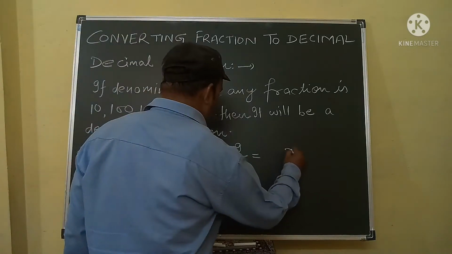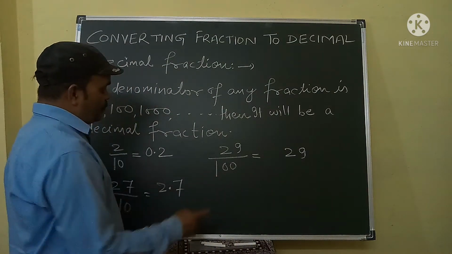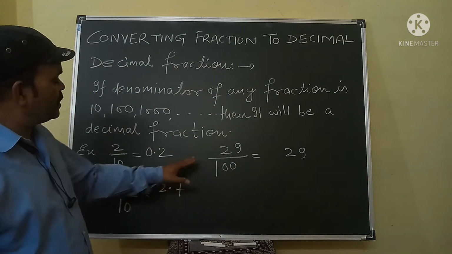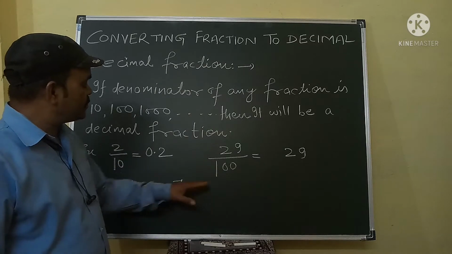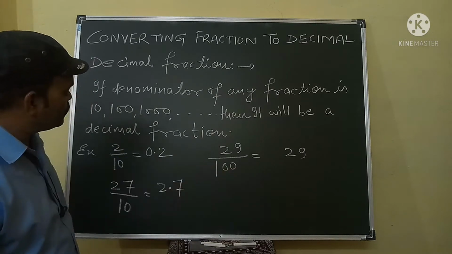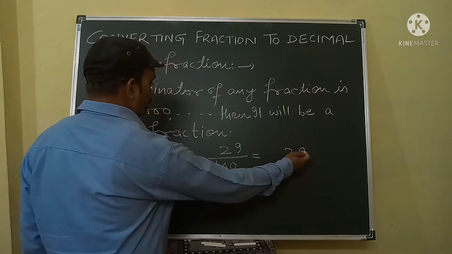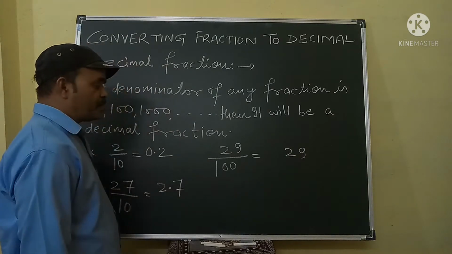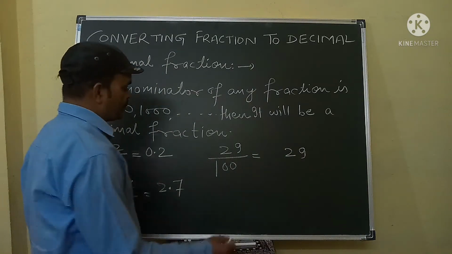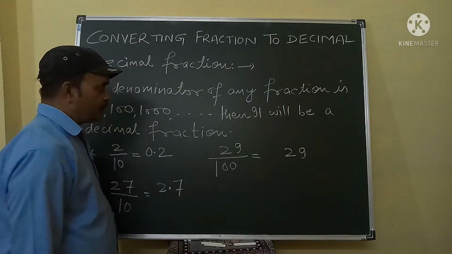So now look here, this is 29 and the denominator is 100, and in 100 the number of 0 is 2. That means before 2 digits we will put the decimal point from the right side of the number.